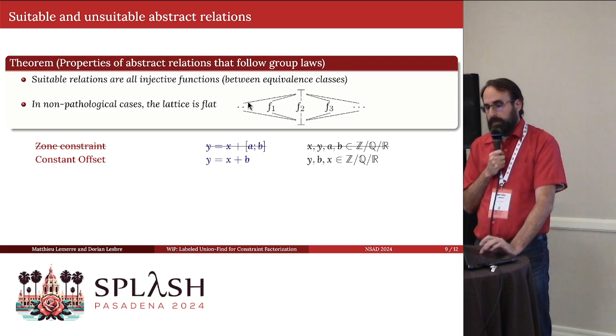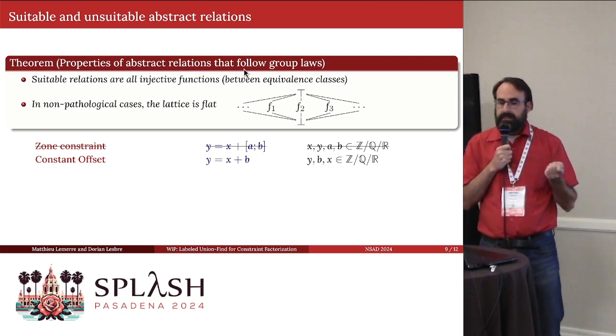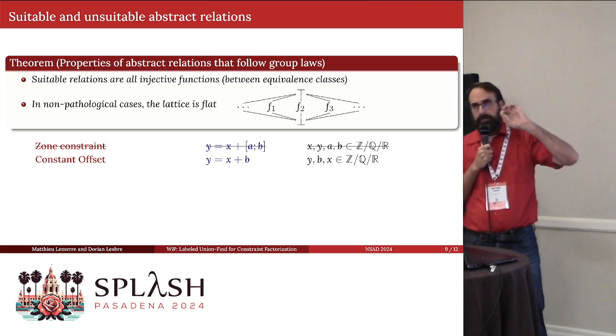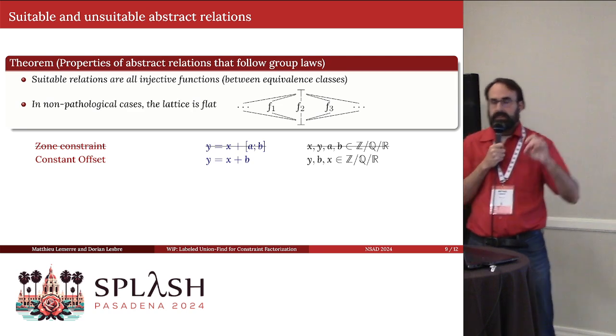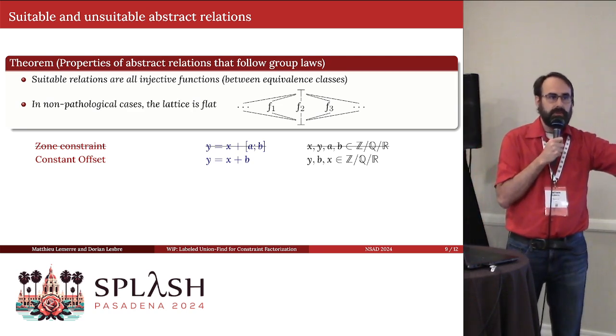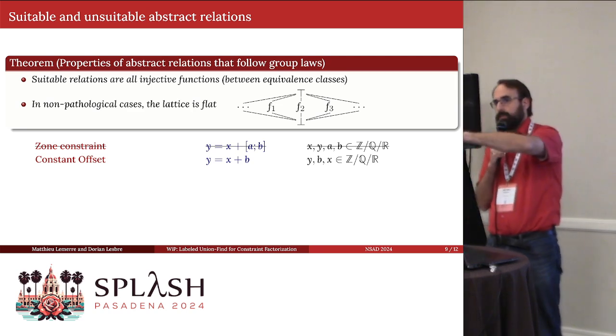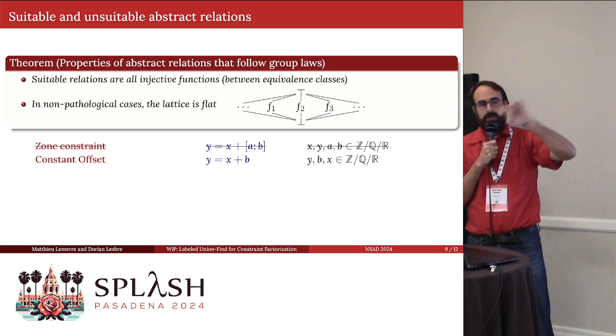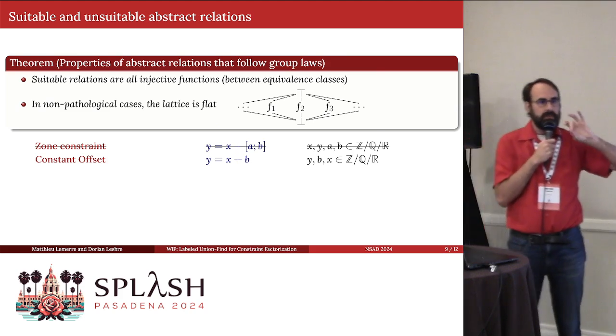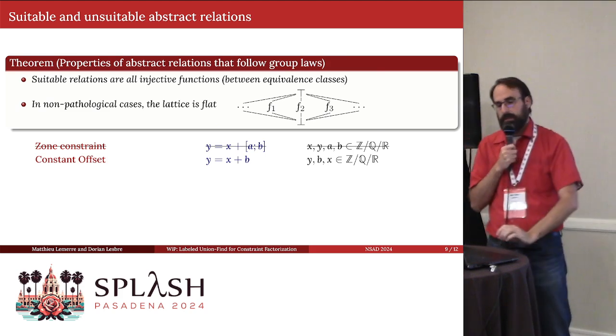Another interesting property. Actually, I said it was an injective function. It's actually an injective function between equivalence classes. So it means that you can take some information about variable x, some information about y. If you can relate both of this information using an injective transformation, then you can also encode it in our domain.